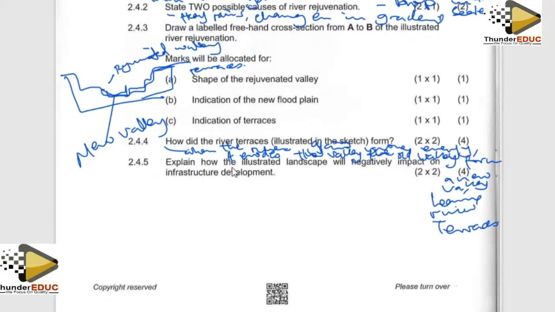Okay, let's go. 2.4.5. Explain how the illustrated landform will negatively impact on infrastructure development. That means if a valley is formed in another valley, it becomes very difficult for infrastructure to develop. So we'll find out that flooding, when now the landscape becomes steeper.